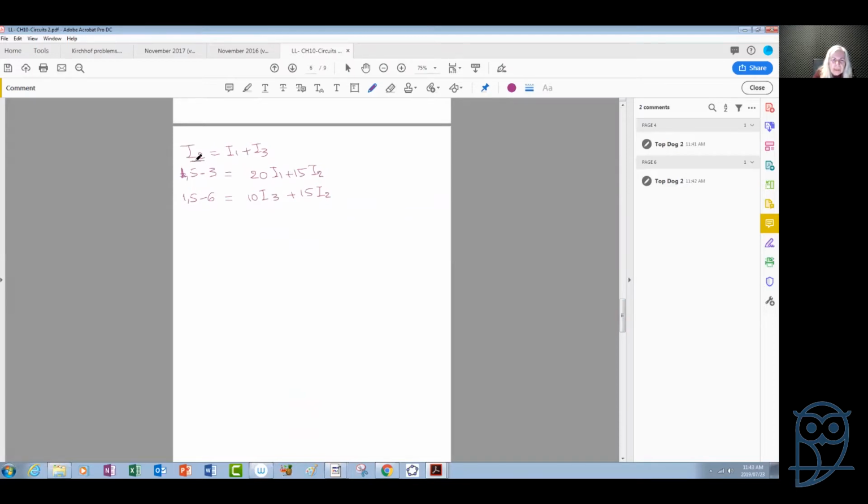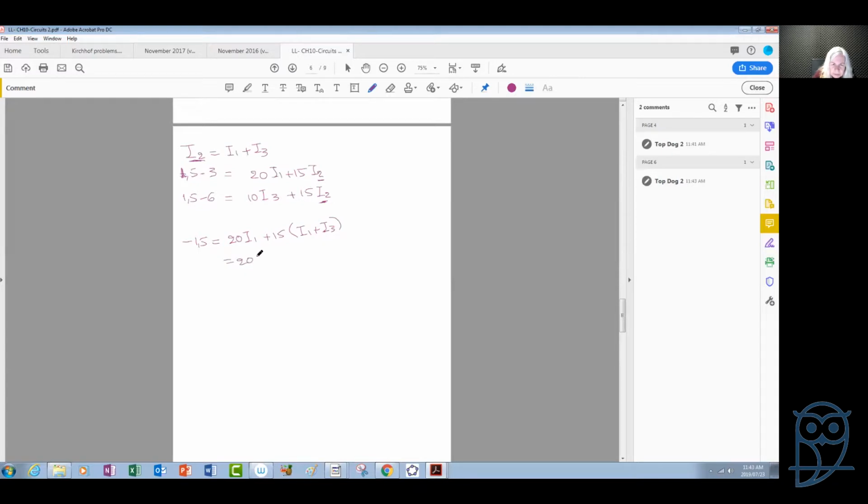We said we replace the I2 in both those equations so that we are left with only I1 and I3, 2 unknowns in other words, so we can solve it with these 2 equations. So 1,5 minus 3 is minus 1,5, which equals 20 I1 plus 15. So instead of I2, I'm going to write I1 plus I3.